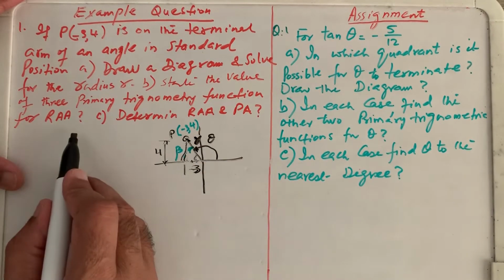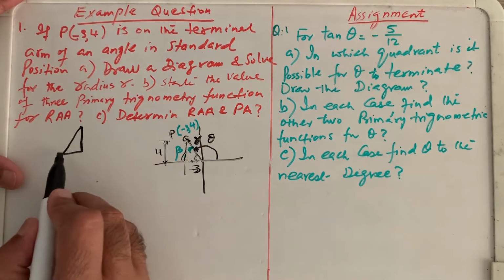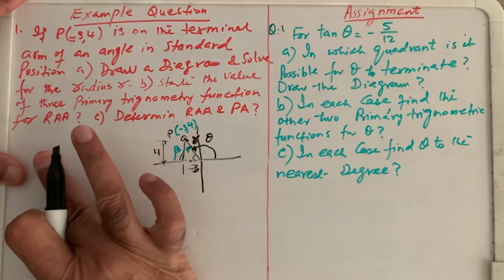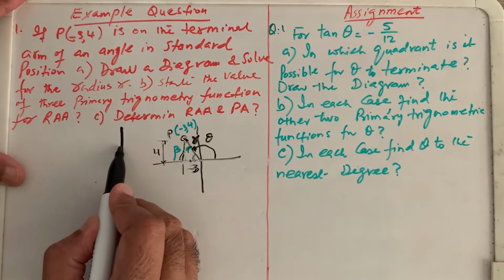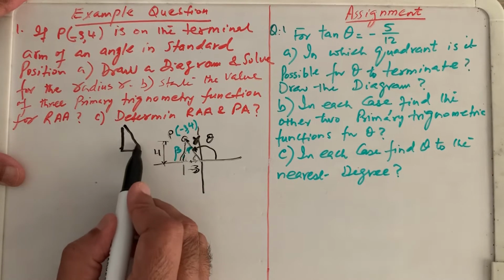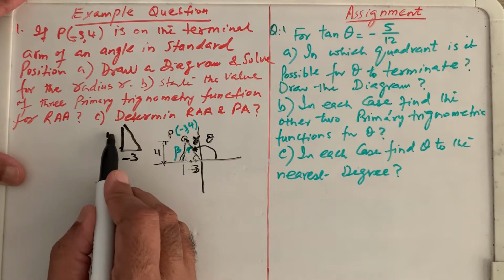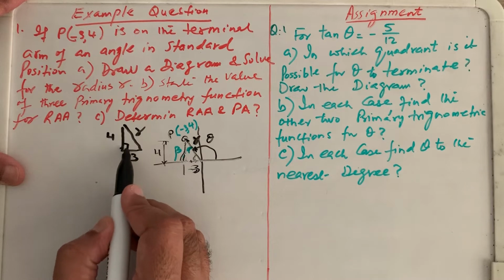So for this right angle triangle, if I draw it separately, the way it is appearing so that it is easy to understand, this distance is minus 3 and this distance is 4, and I have to find r. r is the hypotenuse of this right angle triangle.